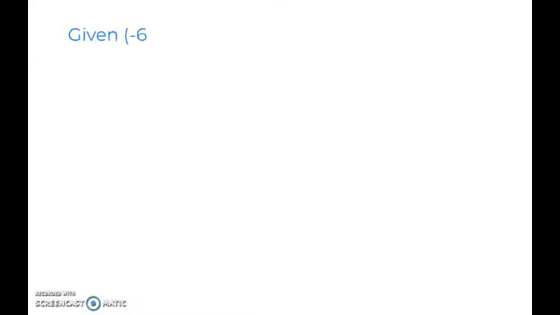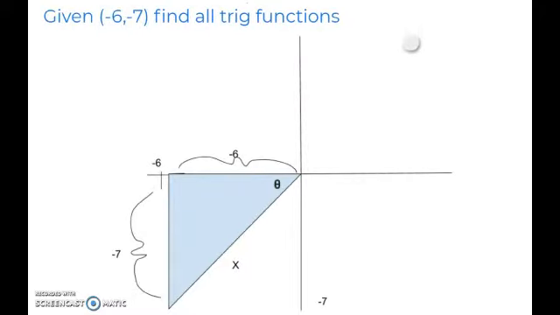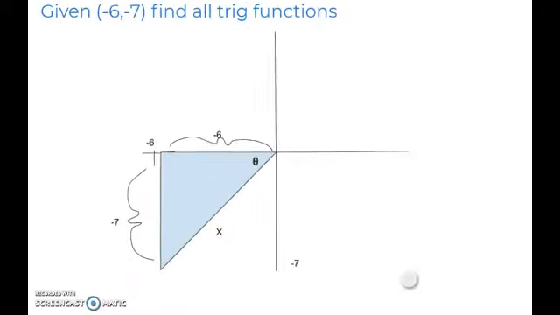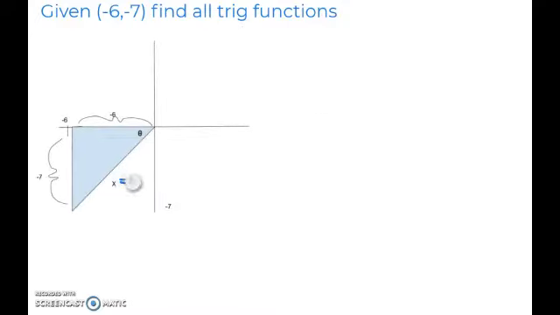Right. So given the point -6, -7, find all of the trig functions. So this is the diagram that you've already seen by now that I made. We figured out that x equals the square root of 85, and using this information we can figure out the different trig functions.